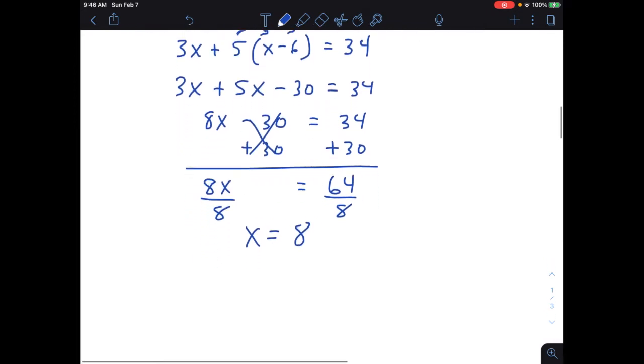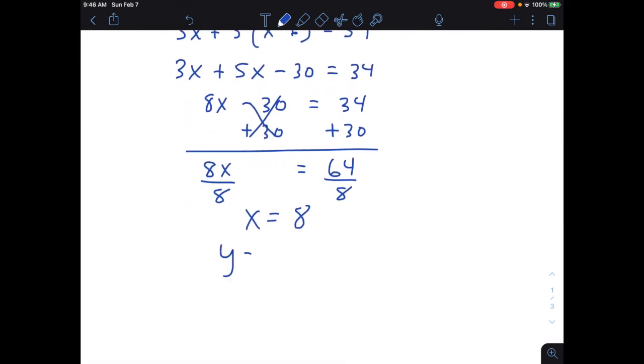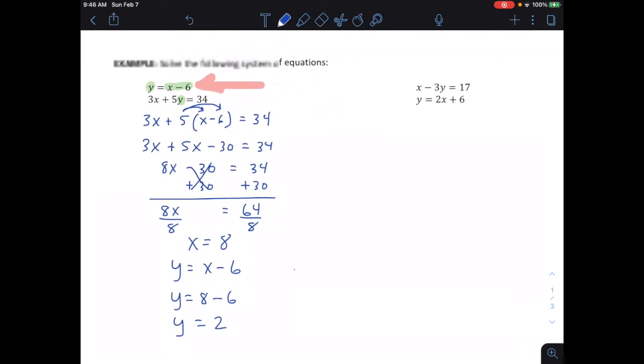So we have y equals x minus 6. And all I have to do is replace that x with the 8. So we have y equals 8 minus 6, or y equals 2. Okay, so there we go. All right, so my answer is, or I think my answer is, 8, 2.